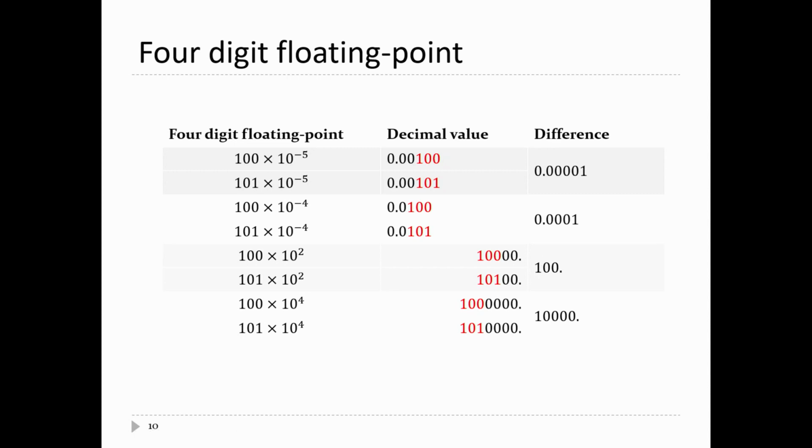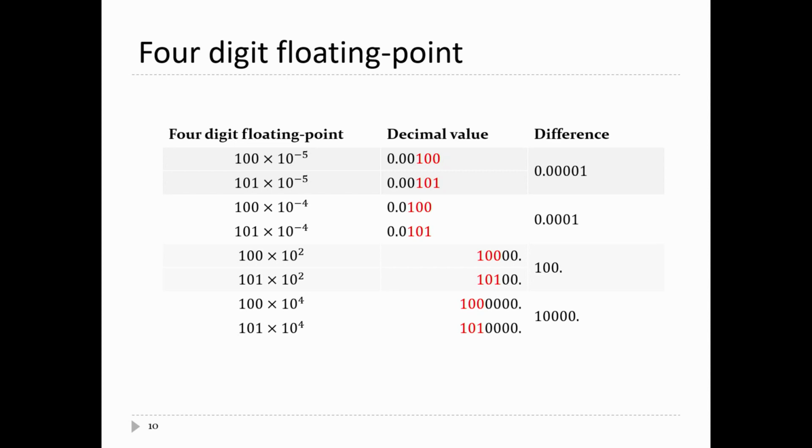Notice what's happened here. The spacing between adjacent numbers has changed. Here, the distance between two closest numbers is 1 times 10 to the minus 5. Now it's 1 times 10 to the minus 4. So not only can I not represent every floating point number, the distance between floating point numbers is changing.